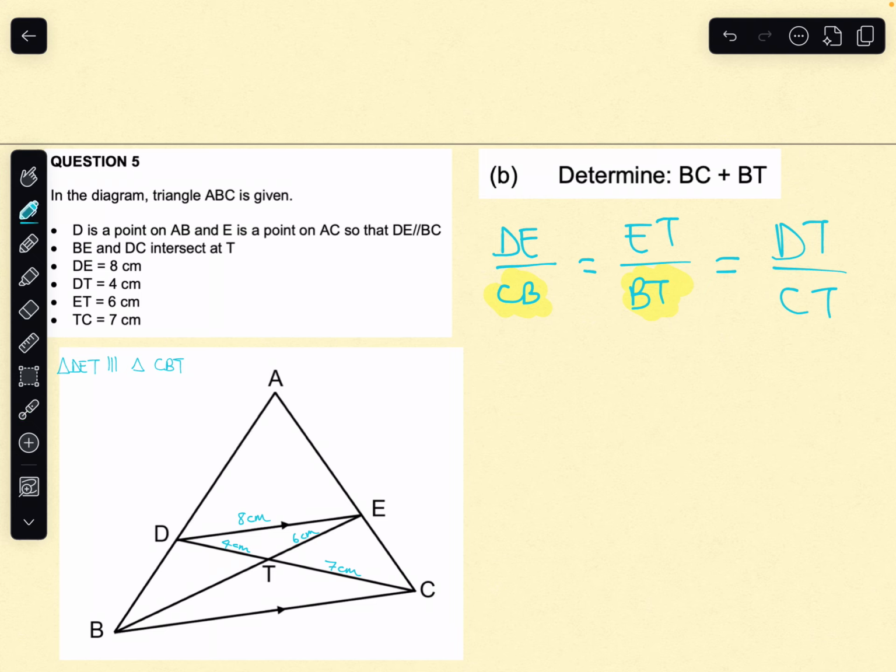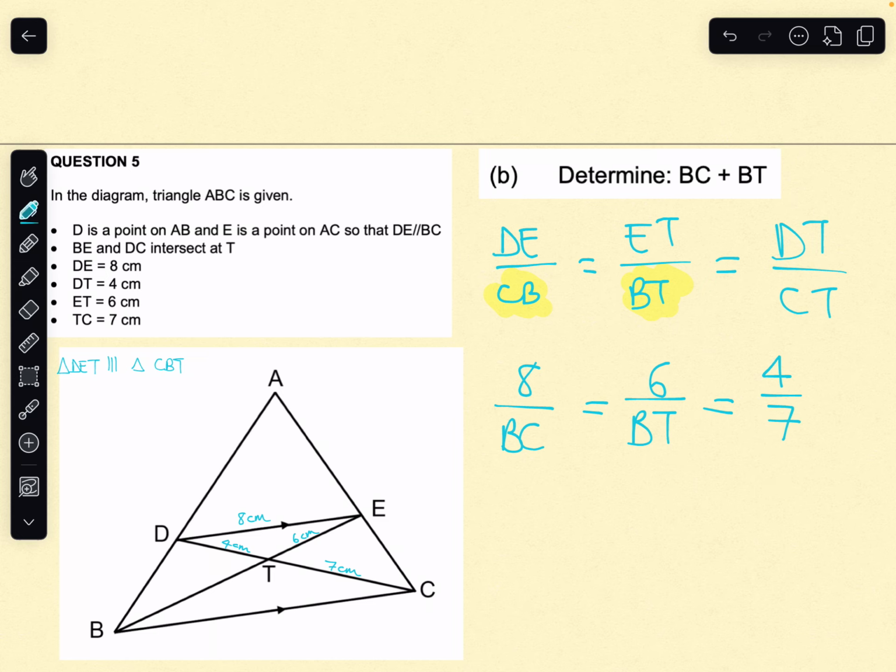So 8 over CB, or BC, is equal to 6 over BT is equal to 4 over CT, which is 7. So now we know that the ratio between the sides is 4 to 7.